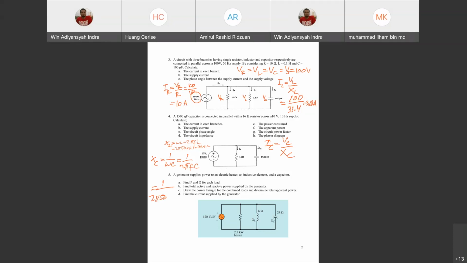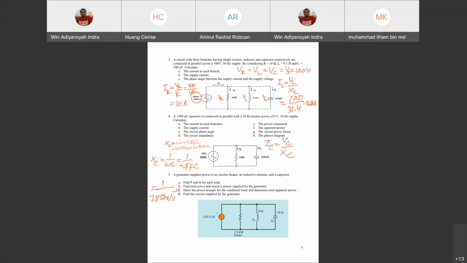C is 100 micro, which means 100 times 10 to the power minus 6, so 10 to the power minus 4.